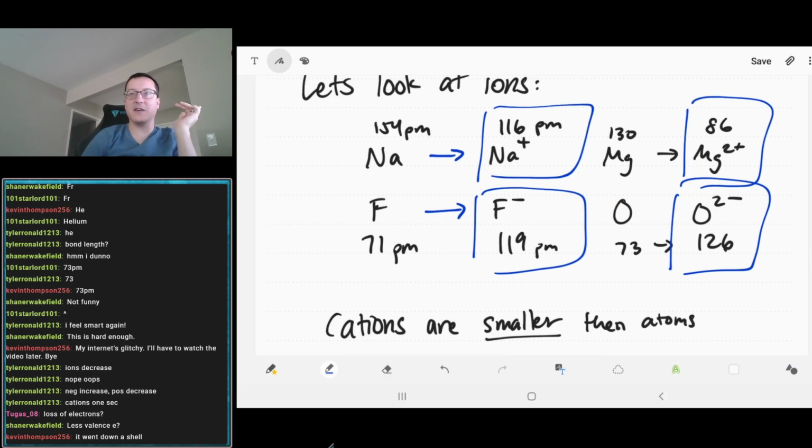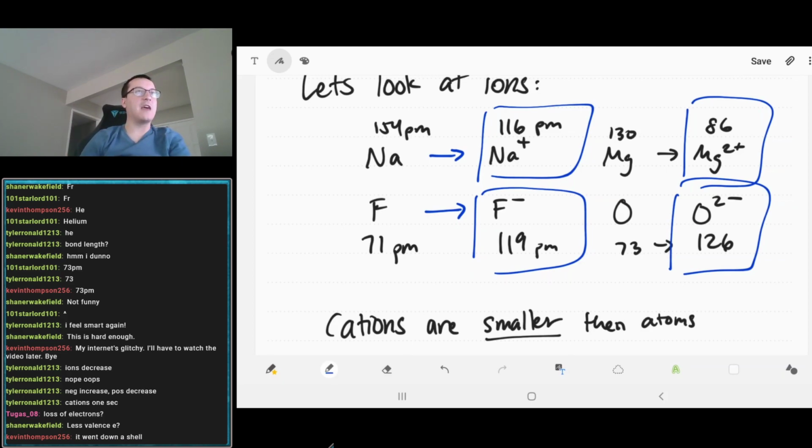We have lost that valence electron. So our new valence electrons are actually in shell number 2. So that's great. Alright, same with magnesium. We would have gotten rid of that outermost shell, and now we've completely shed it. And so that's why we're smaller.